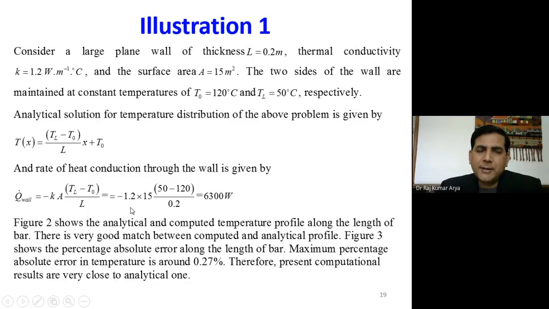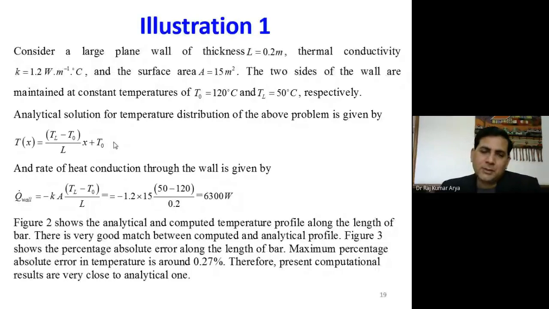You have to make your MATLAB code using your finite difference formula, the central difference formulation we have talked about just now. Develop a code and generate the solution, and try to compare the analytical solution and the numerical solution.